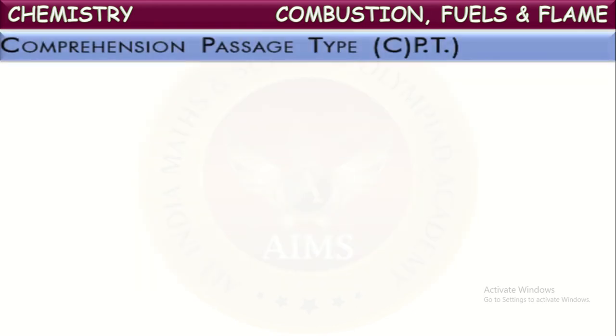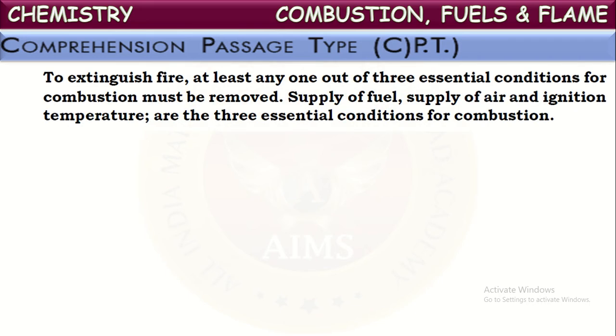Okay, next, let us talk about comprehension passage type questions. First, let us see the passage. To extinguish fire, at least any one out of three essential conditions for the combustion must be removed. So as we told, there are three essential conditions for the burning of any fuel. If you remove any one of these three, the fire can be put off.